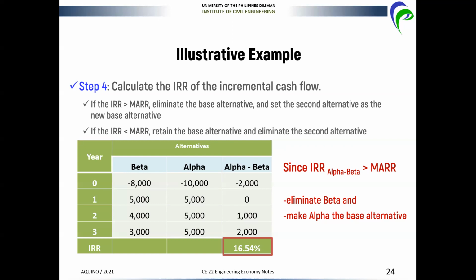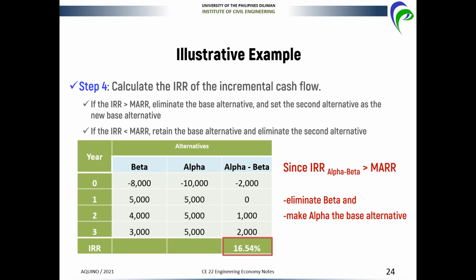Ngayon, on the contrary, kung hindi papasa yung IRR ng incremental cash flow dun sa requirement natin na dapat greater than MARR, what we do is we should retain yung initial na base alternative natin at si alpha yung aalisin natin.